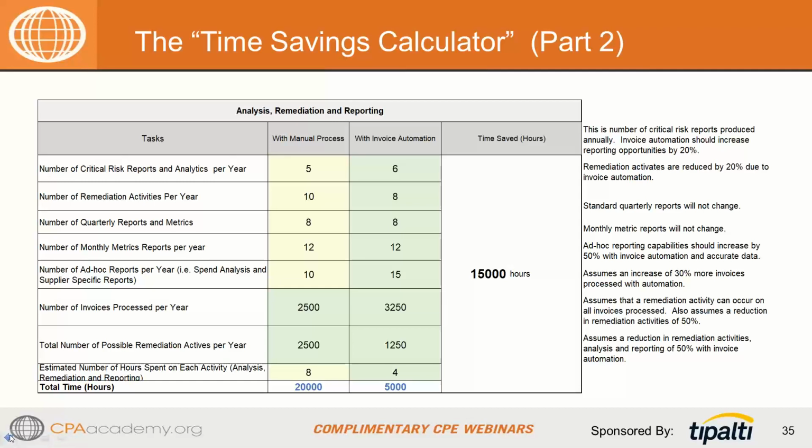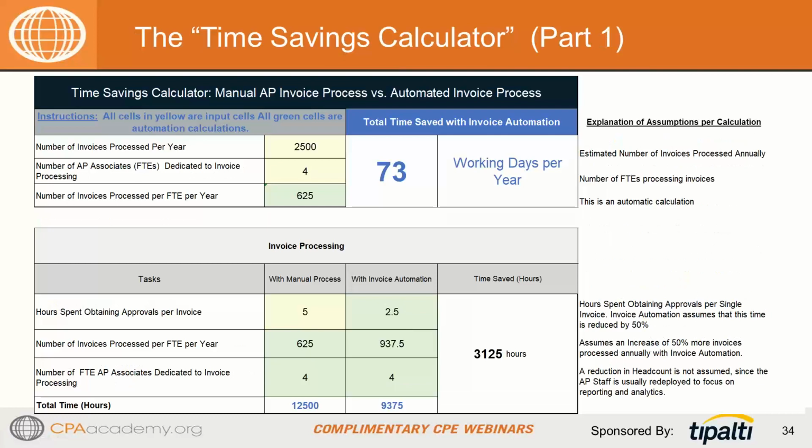And if we input all the data, we can determine, and again, this is all fictitious data just for test purposes and for informational and educational purposes, we're looking at, in this particular case with this company, saving 73 working days per year. And that's pretty significant. That's certainly over a couple of months, but very indicative of how much time and money AP automation can save you as a company.